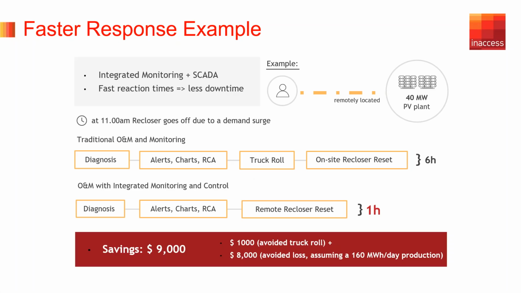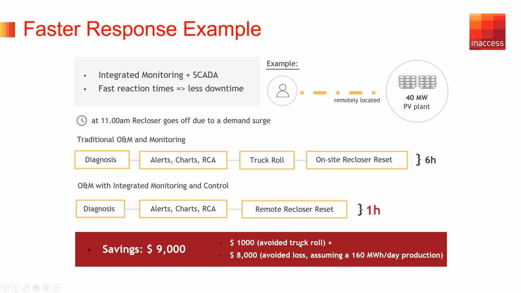With a good system, where the troubleshooting is fast, you can do all your diagnosis fast, and you can remotely log in and reliably, because this is the key point, to be able to reliably do the closure reset. You can do all this in an hour. So with an average production of 160 megawatt hours per day, and an average price of $100 per megawatt hour, which is the wholesale price, this will save you $9,000 just for a single incident, maybe more.